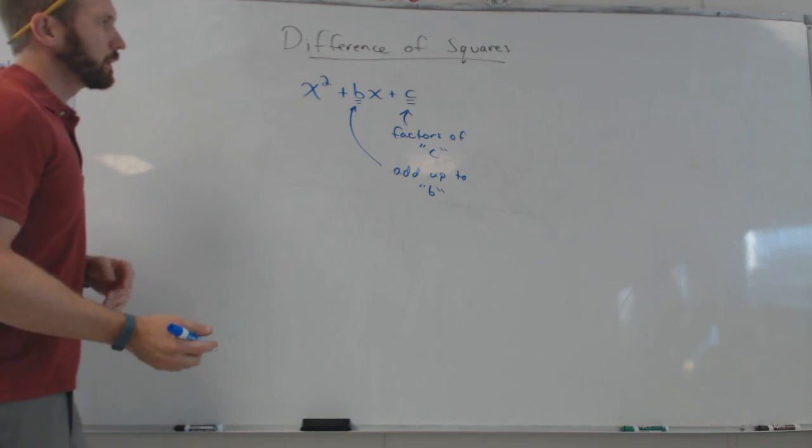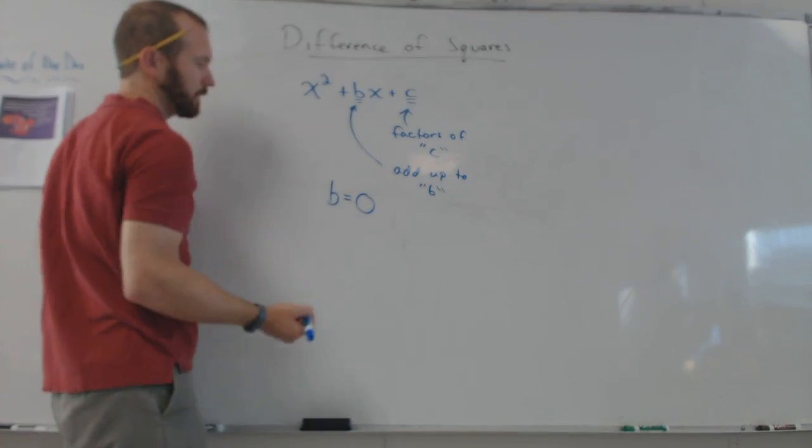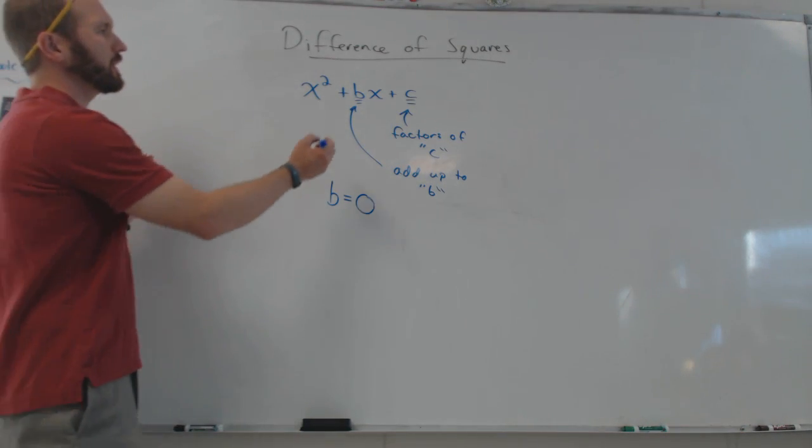Okay. And a difference of squares is just a special case where b equals 0. So we don't really have an x term.